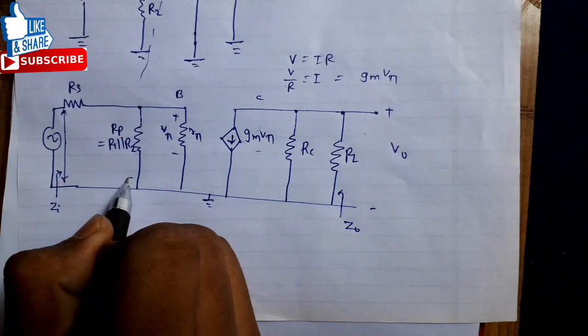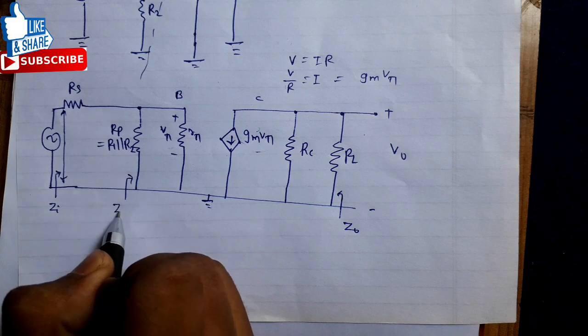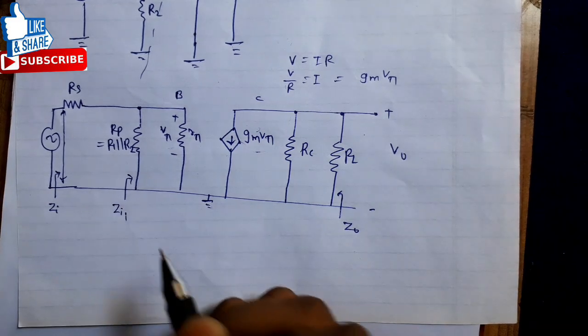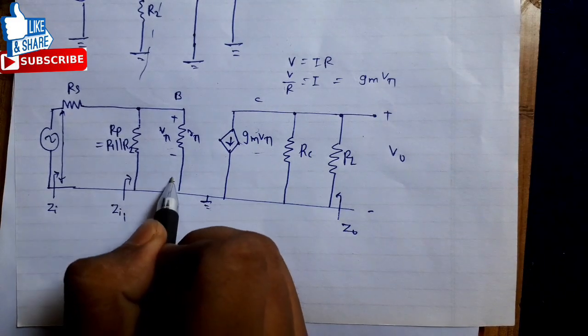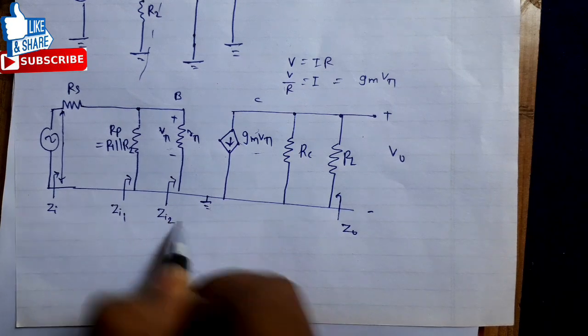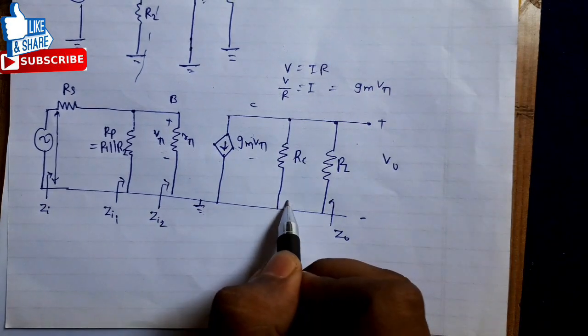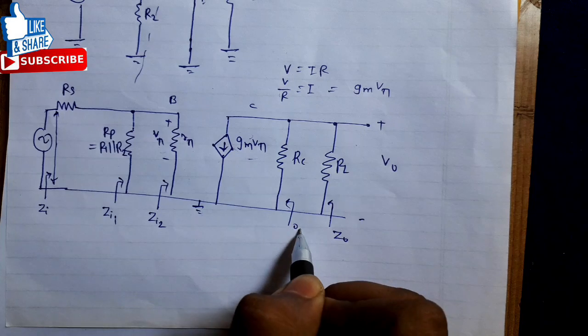Let's say this is input impedance 1 and this is input impedance 2, and here output impedance 1.